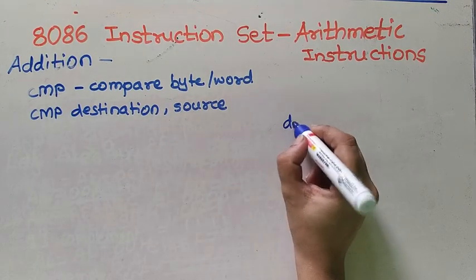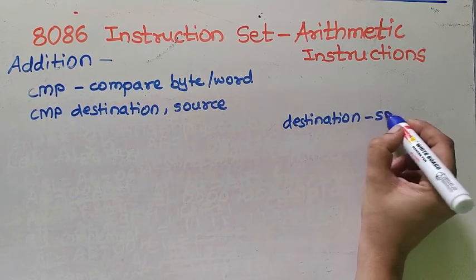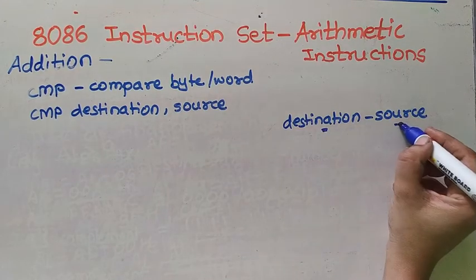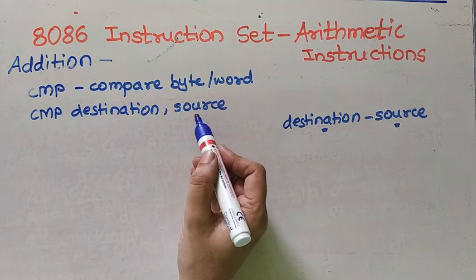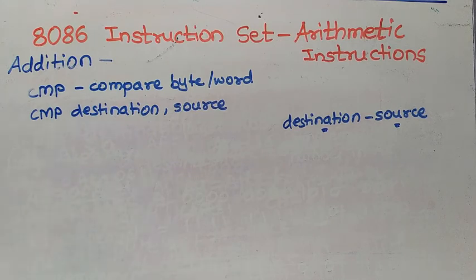So destination minus source operation is performed, but the contents of destination and source will remain unchanged, means only the comparison of content of source and destination is performed in this compare instruction, and after this compare instruction the result will be available in the flags.